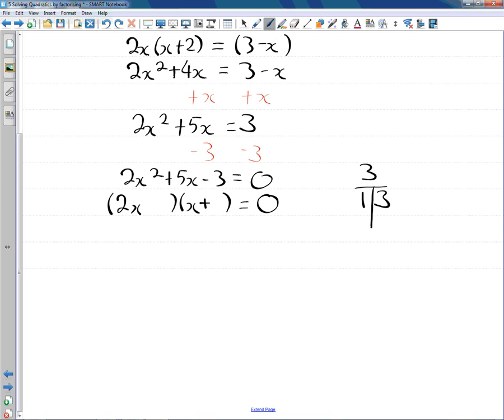If we position a positive 3 there, we've gone too far. We've gone all the way up to a 6x. But then if we put a negative 1 there, we take the 1 back. So we're now back to a plus 5x. And it does give us the negative 3. So either x equals a half or x equals negative 3.